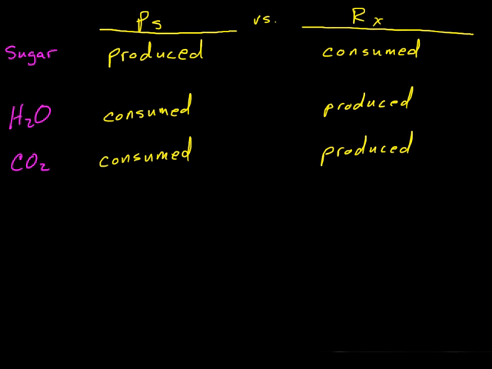So next one on the list, let's talk about oxygen. Oxygen is actually produced, thankfully for us, by photosynthesis, because we need oxygen to run respiration, which thereby means we could write that oxygen is consumed by the process of respiration.